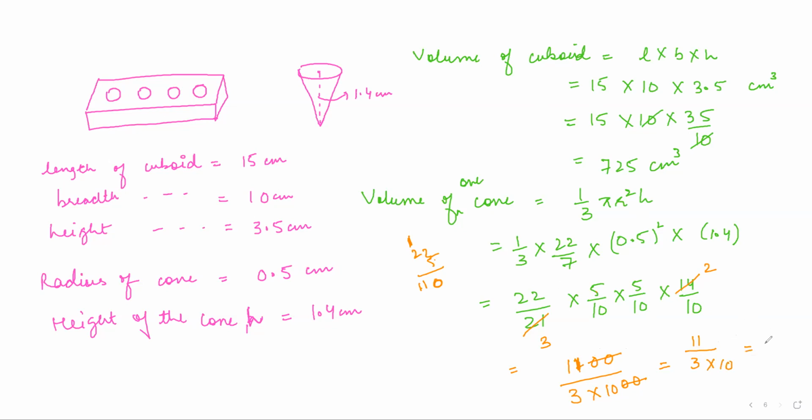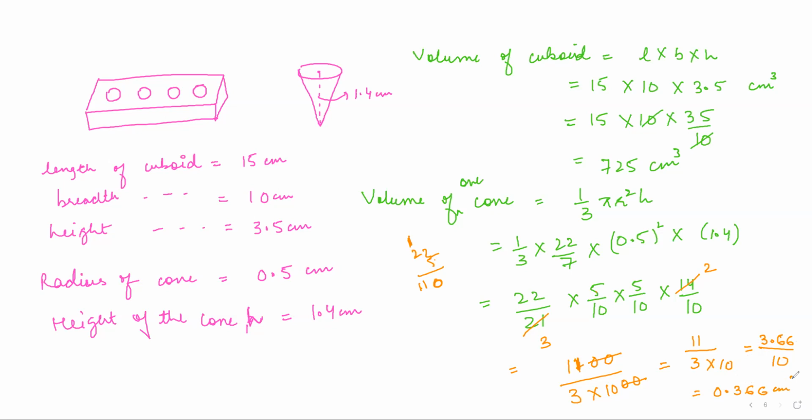So 3 into 3 is 9, then 20. So 3 into 6, 3.6, and then again 6 something, divided by 10. So can I write like this? Yes, ma'am. Okay, and then one more 10 you are having. So it will be 0.366, something like this. Understood?